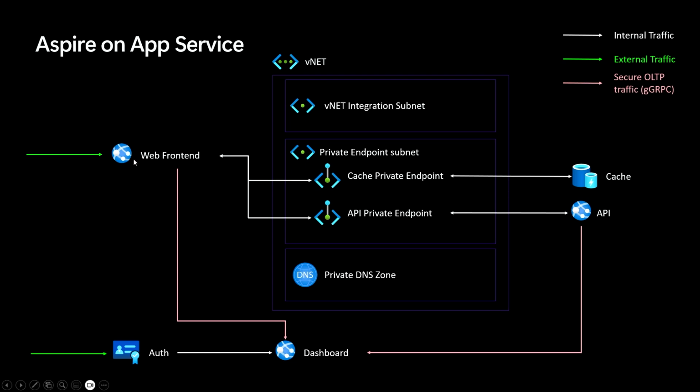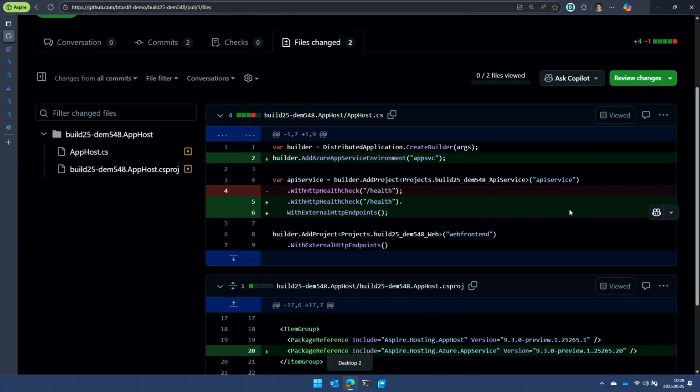Your dashboard is behind auth so that only you can sign in and it's not publicly accessible. And your API and your cache are only accessible through the VNet because security, all the things, right? Okay, with that, let's take a look.